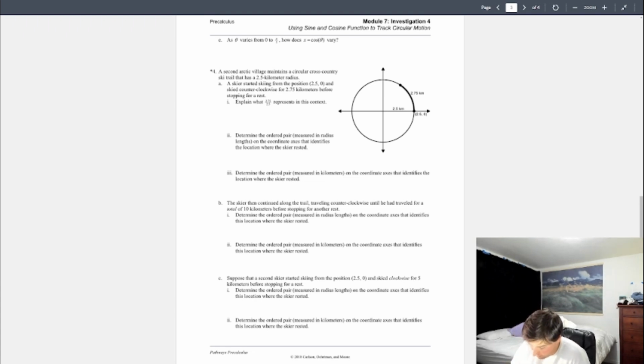I'll write that down and see what the professor says. I think he just means like the radius, measured in radius lengths.